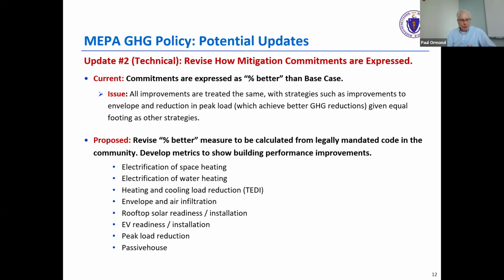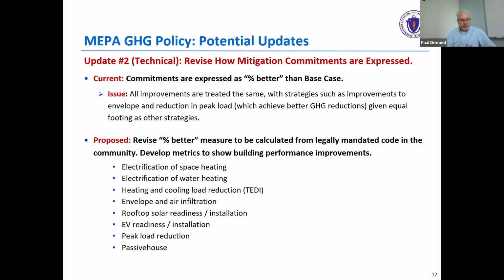So for example, we would propose to change the % better to a list of standards that you propose to build the building to. These standards are those bullets that you see at the bottom of the slide. So it would be how your building performs with respect to thermal performance, that's the heating and cooling load reduction expressed as TEDI.